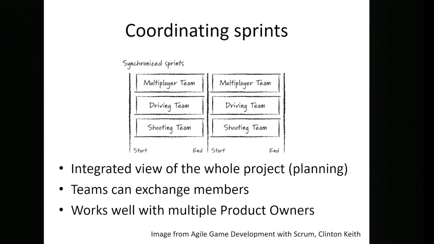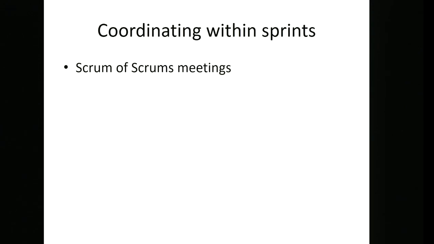However you're splitting things up, obviously we've talked about having your scrum meetings, which are your daily stand-ups and so on, but it still would be useful in some cases, I'm sure, to be able to coordinate within the sprint between other teams.